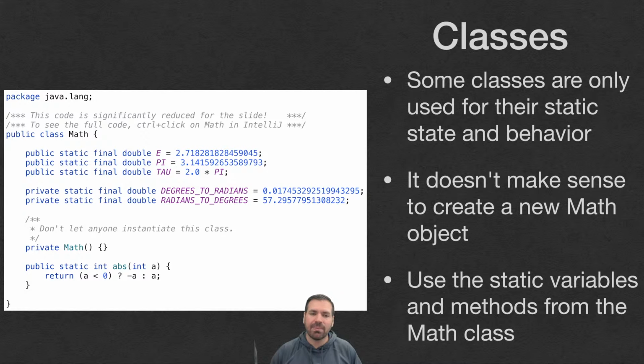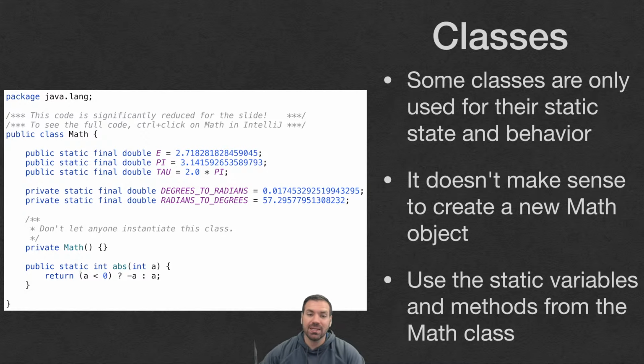You're calling the static method through the Math class itself. You do not have to say new Math, call the constructor, and then from your Math object, call the methods, because these are static methods. So absolute value, sine, cosine, power, whatever Math method you want to call, you call through the Math class itself because they're all static.